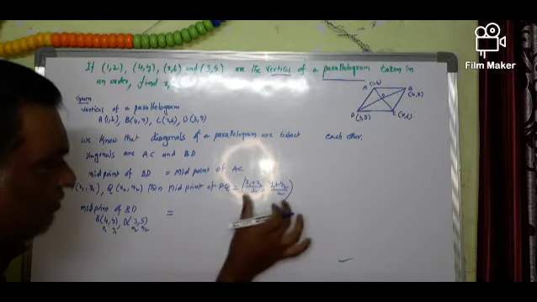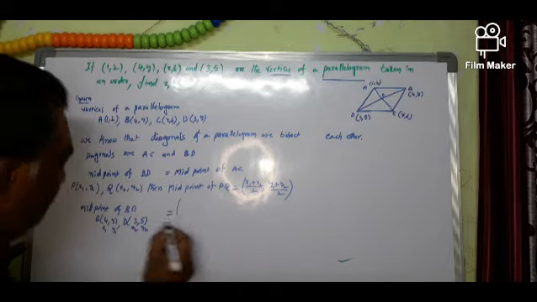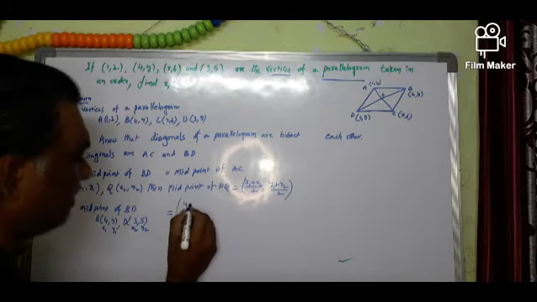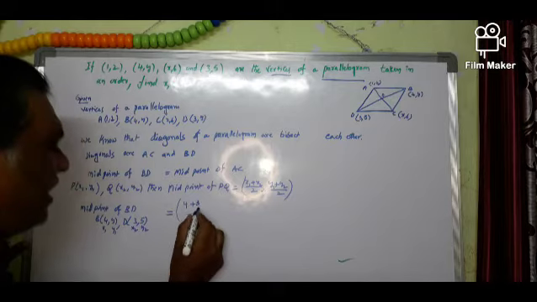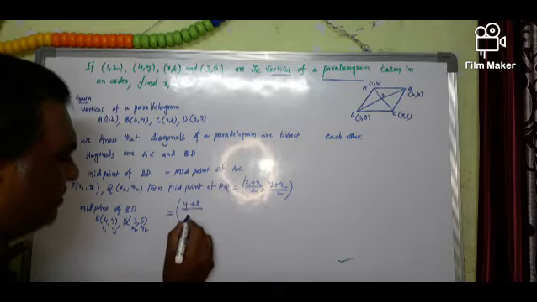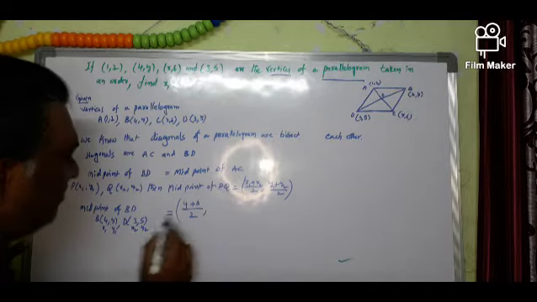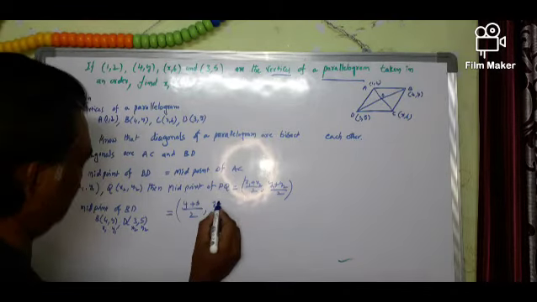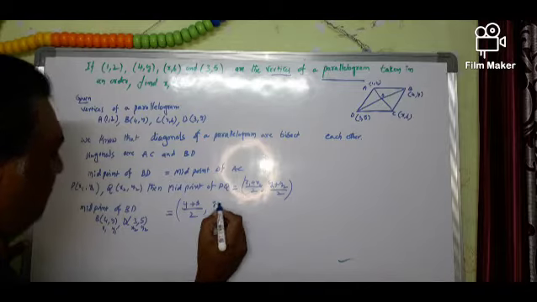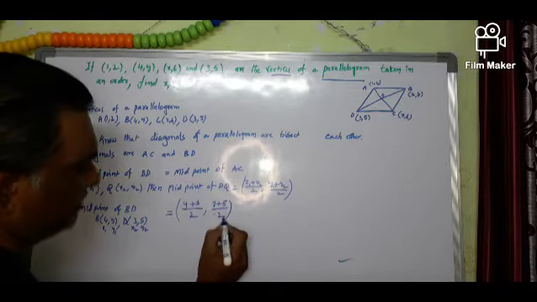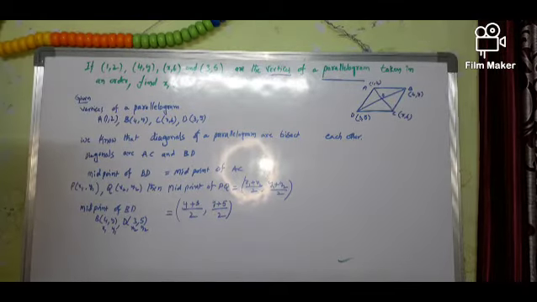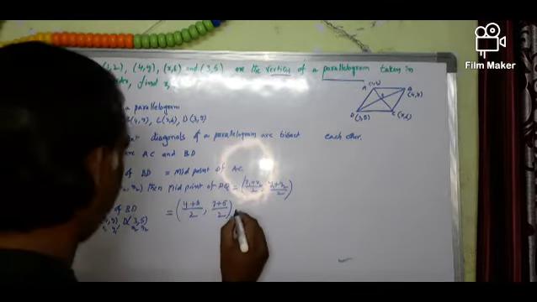Substitute these values in this formula: (4 plus 3) by 2, (y plus 5) by 2. This is the midpoint of BD.